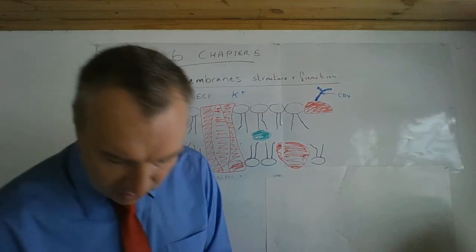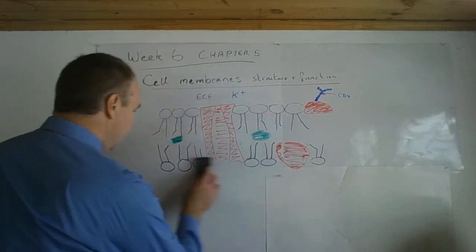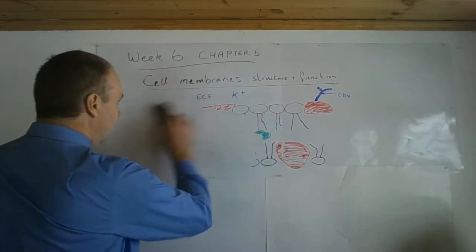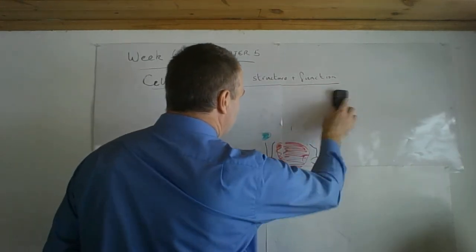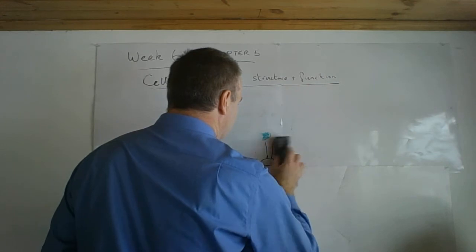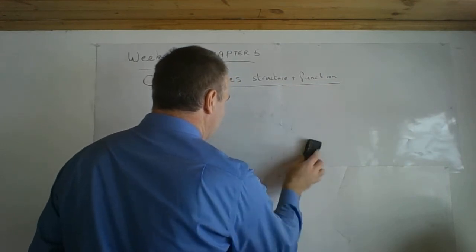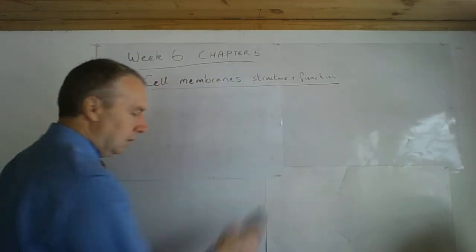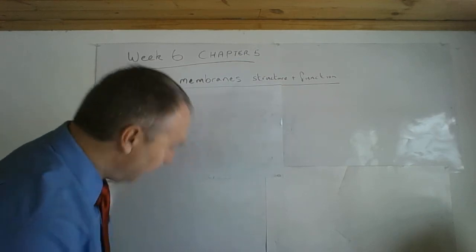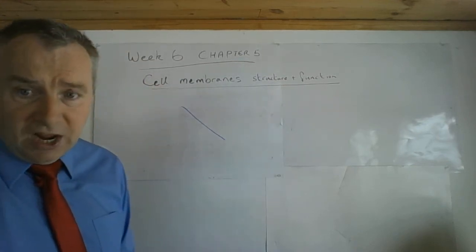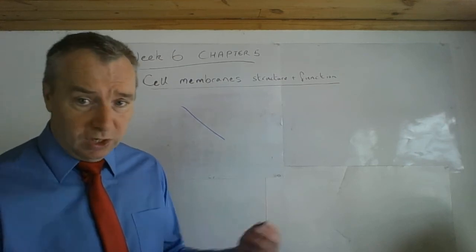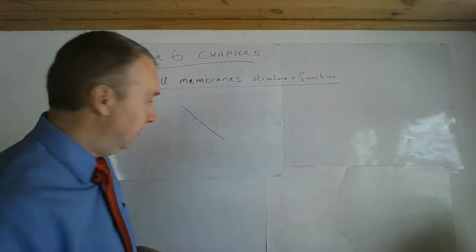So let's talk about the concentration gradient. With any gradient, it's like a hill. And stuff generally flows downhill with no energy needed for it to happen.